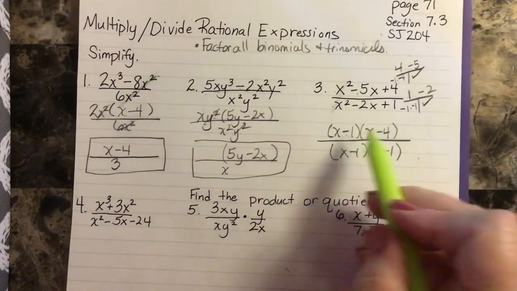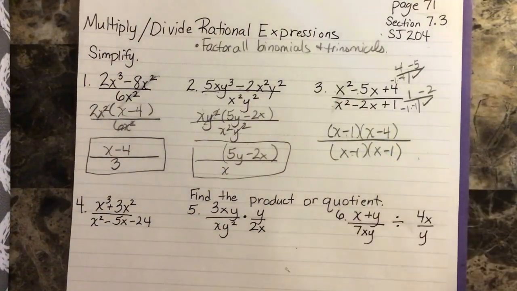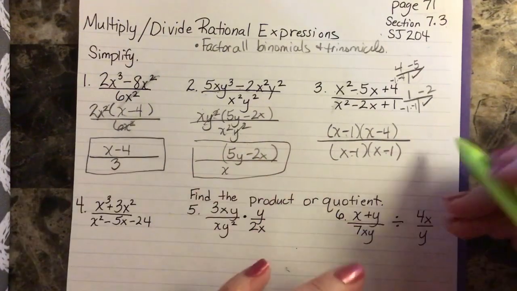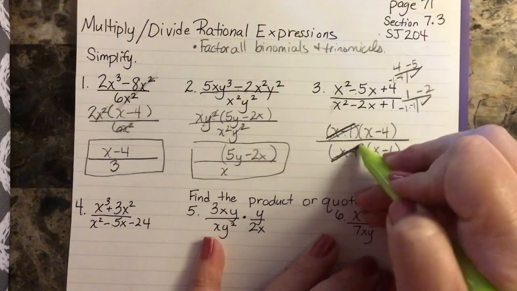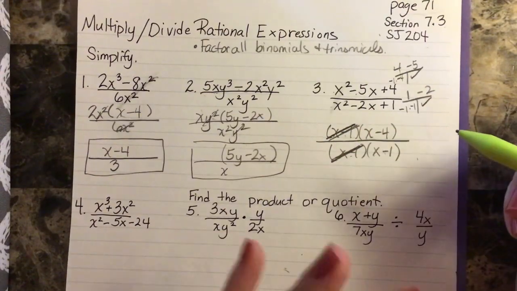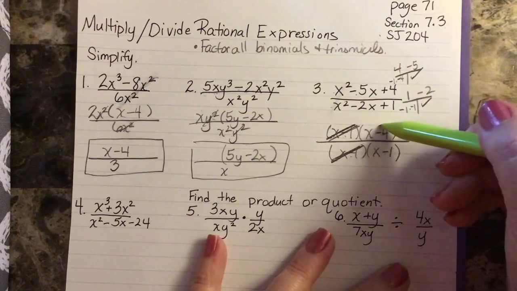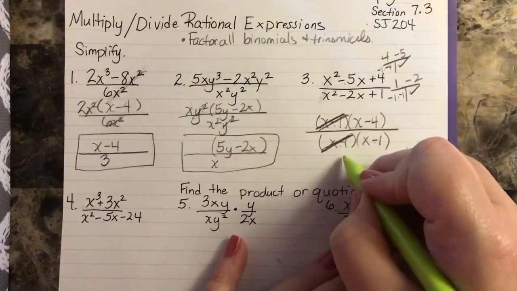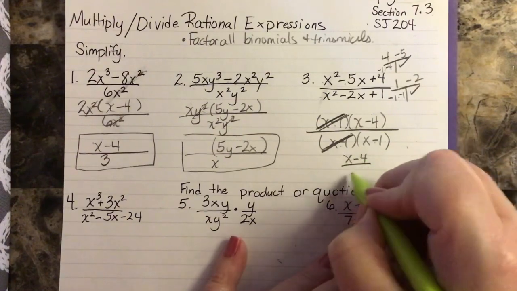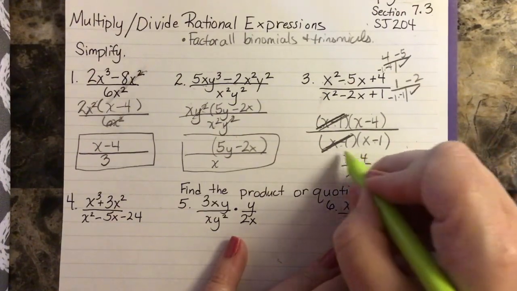Now I have binomial, binomial, binomial, binomial. Do I have any that I can reduce away? We're reducing. Yes, I can reduce these two binomials, the full binomial, away. Are these two binomials the same? No. Then my answer is those two binomials: x minus 4 divided by x minus 1.